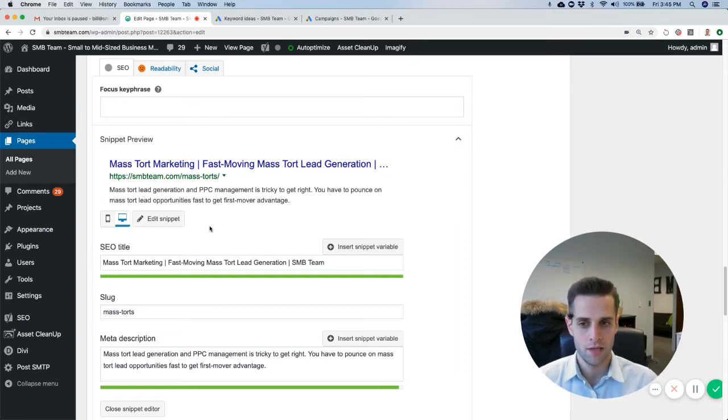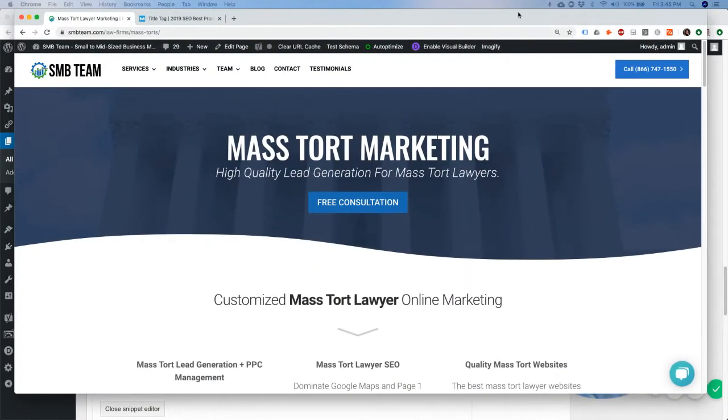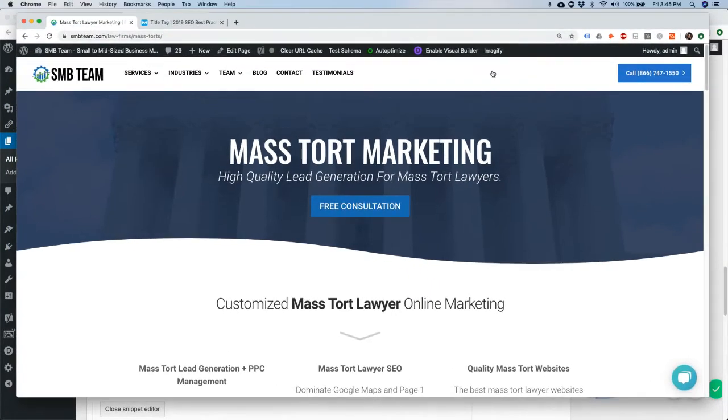So the way that we're going about this is we've found through our keyword research and through our Google ad campaigns that the word mass tort marketing pulls in higher quality clients than mass tort leads or mass tort lead generation, because it more accurately represents what we do as a company.